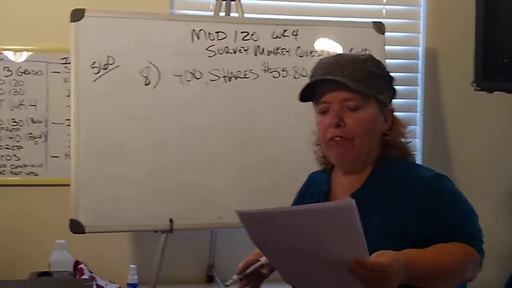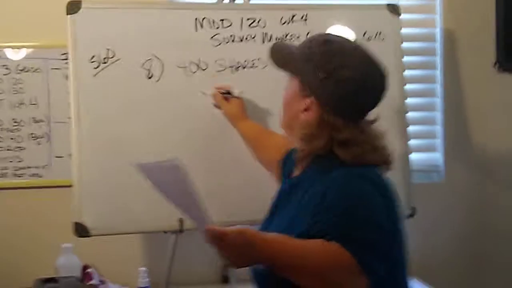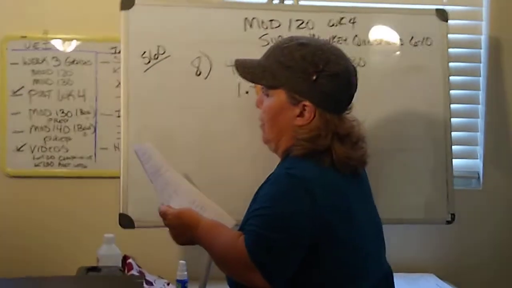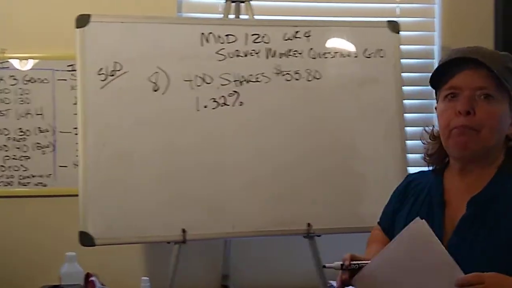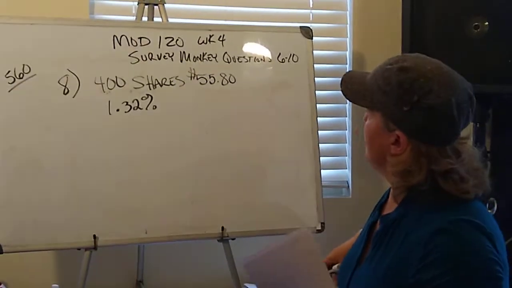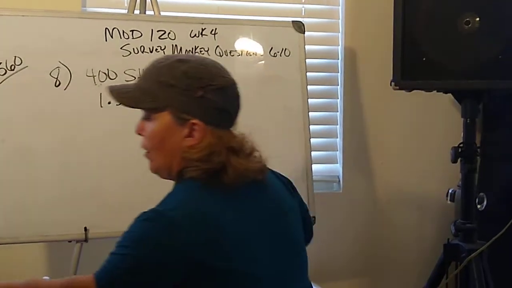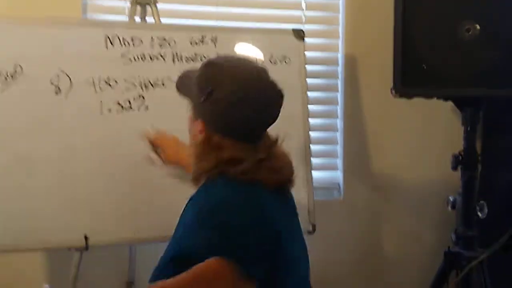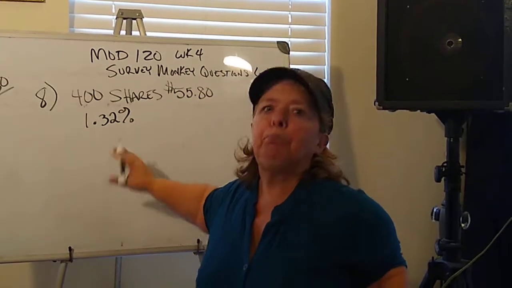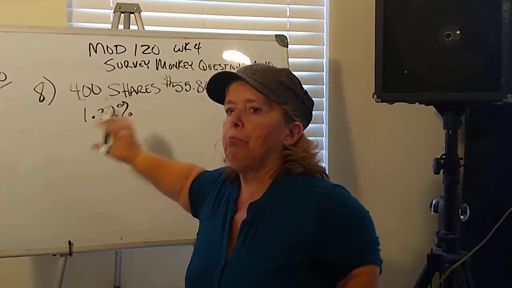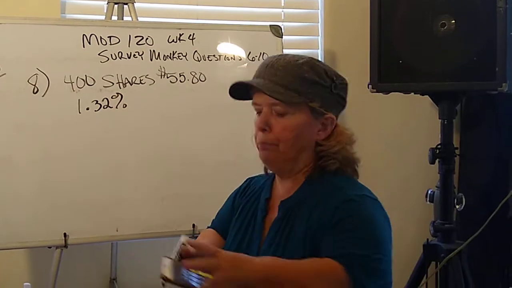Don't forget to add the commission price of 1.32%. Okay? So there are going to be 2 processes that we need to do here. The question is, how much are they going to have to pay for this, including the price of the shares with the commission.